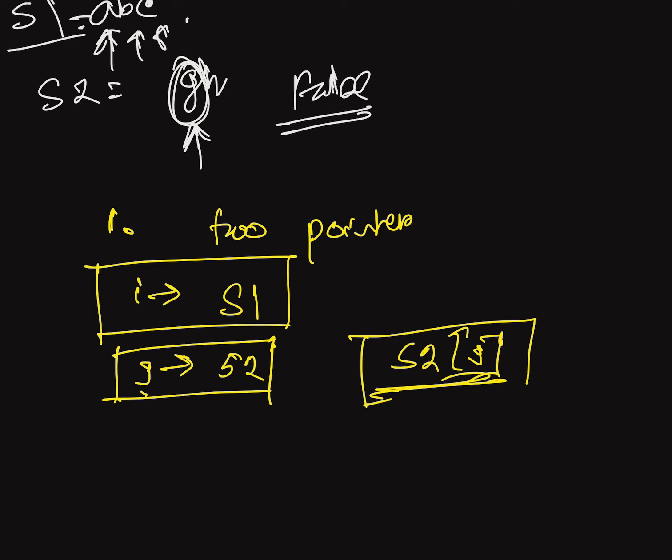At that time, I will mark that I have found a match and go to the next target character. In this way, whenever I reach the end of string 2, I will return true. If I have already reached the end of string 1, that means we have not found a match, so at that time return false. This approach is clear.